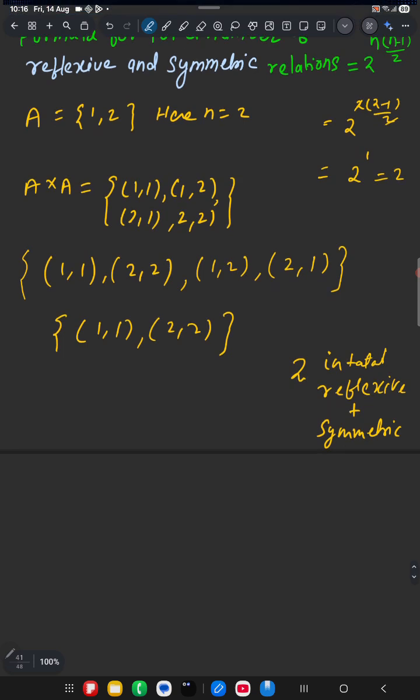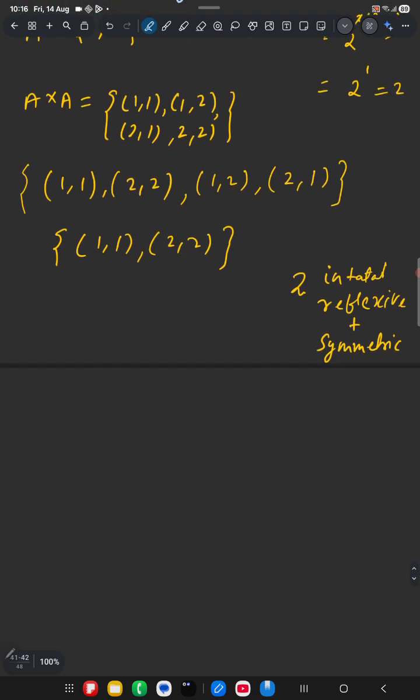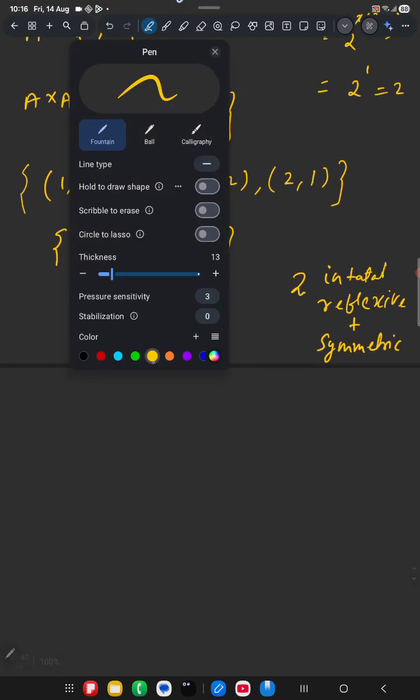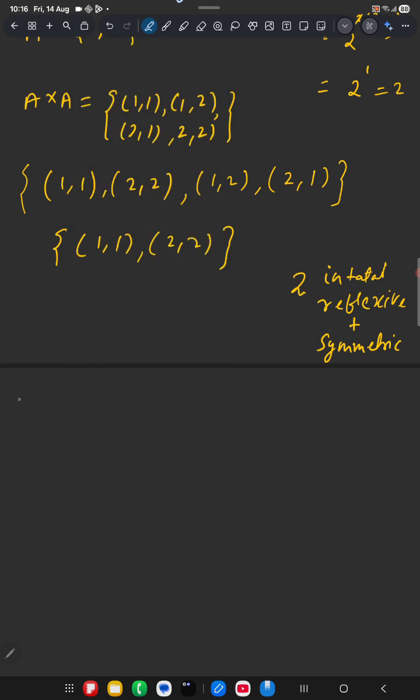Now we will derive this formula for n numbers, how it is happening. A is a set containing the elements 1, 2, 3, up to n.